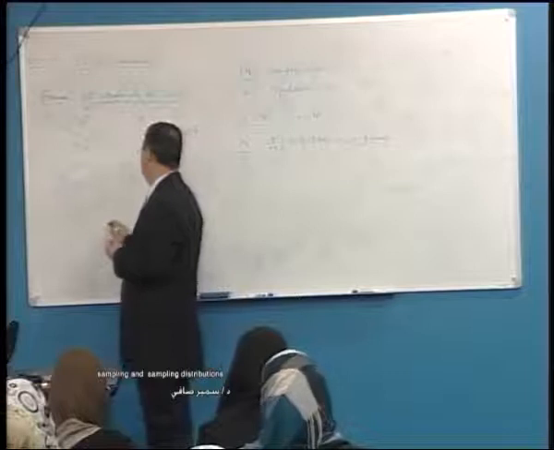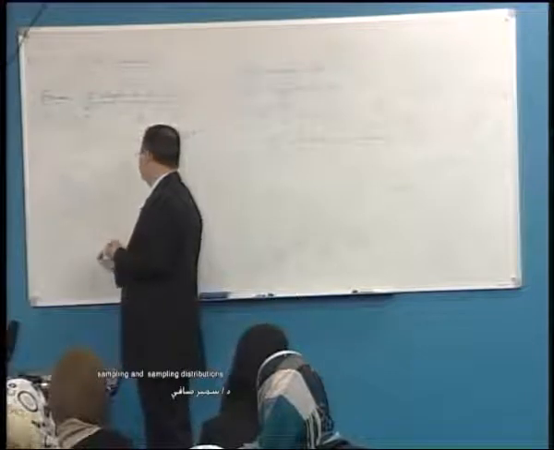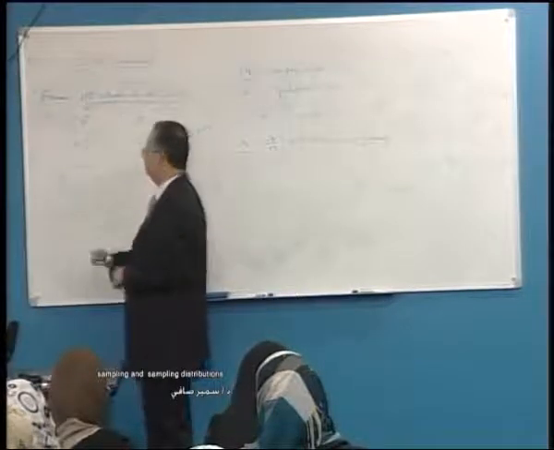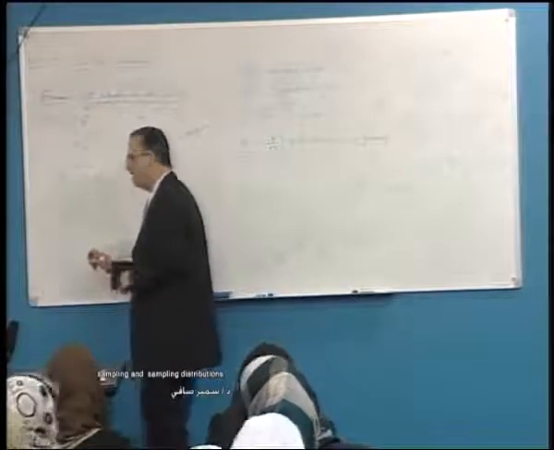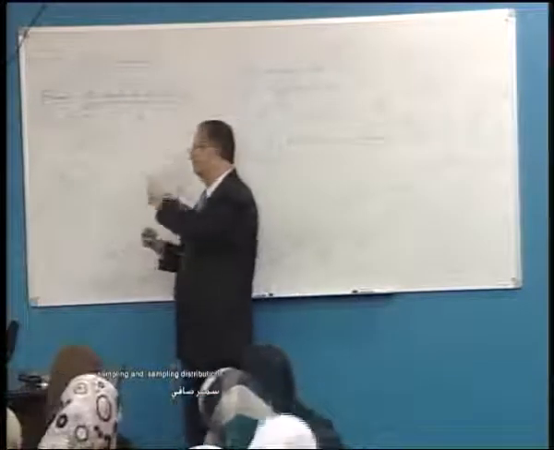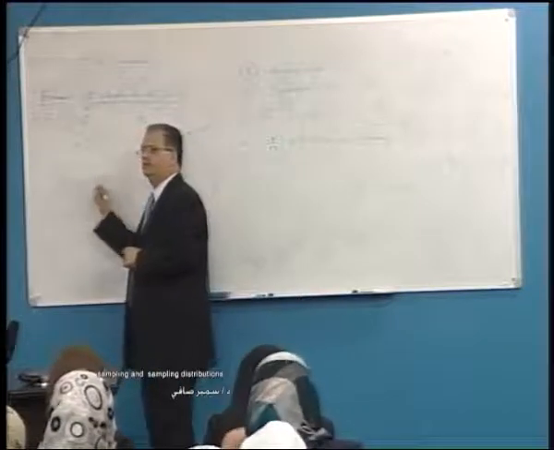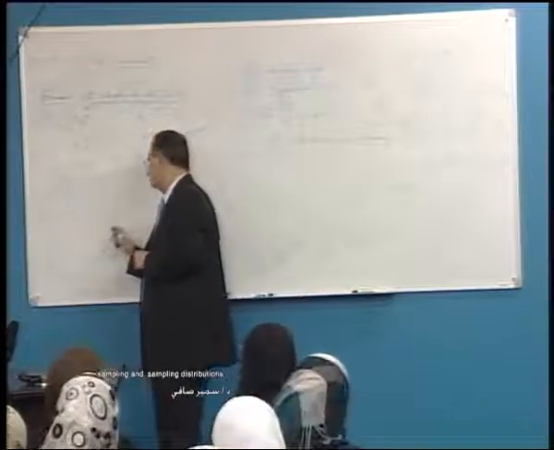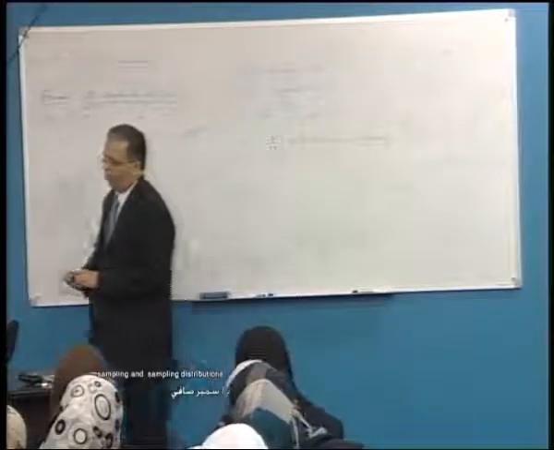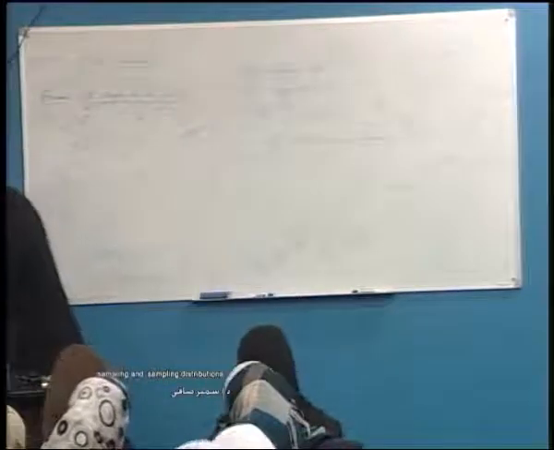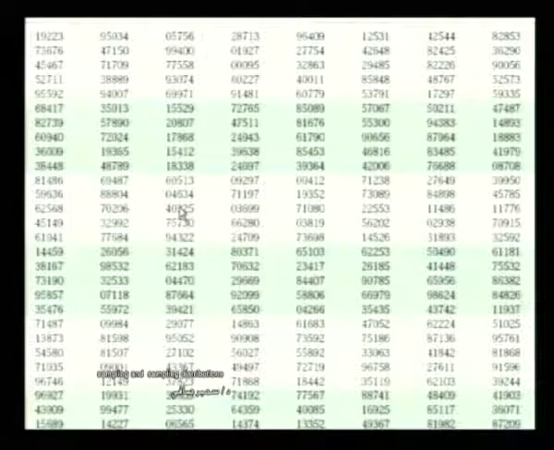Then by using simple random table, you can choose the 700 students.